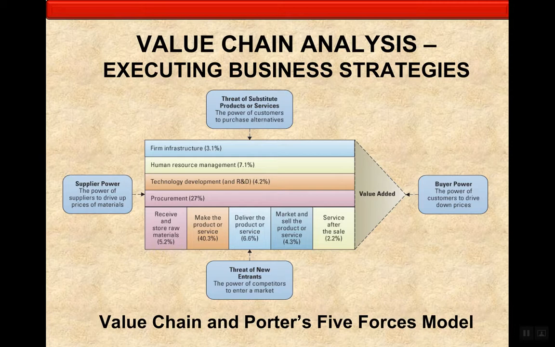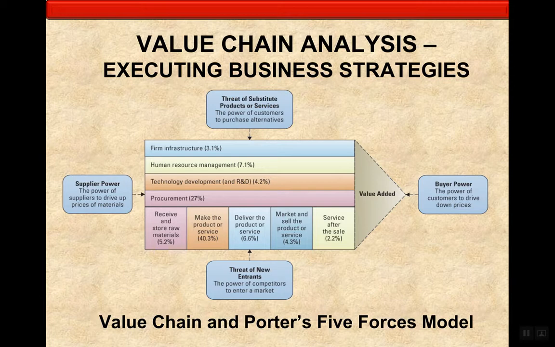What's interesting about this value chain model is that it provides a mechanism for an organization to establish leverage against the five forces.